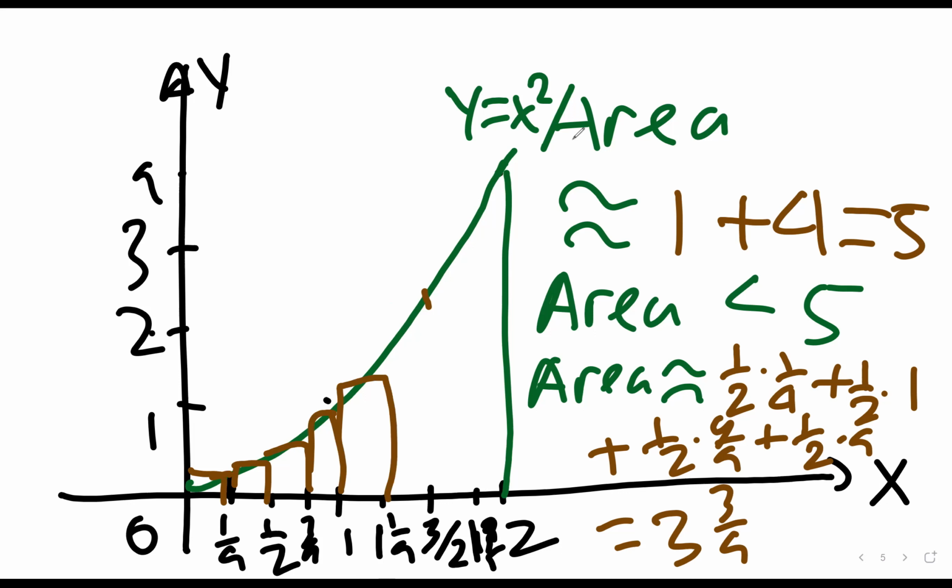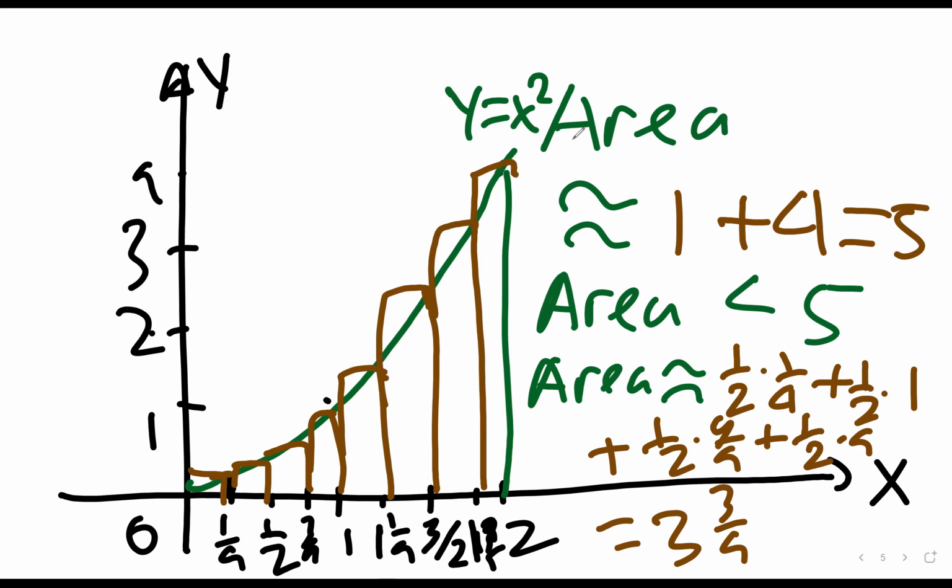The sum of the areas of the rectangles is approaching the actual area, and the error, the difference here, is getting smaller. So you can expect that it's getting more accurate.